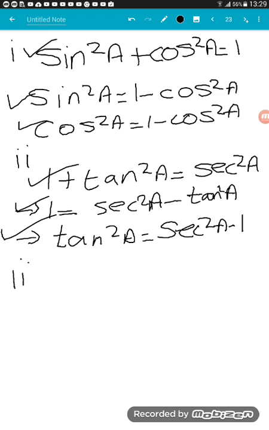Now the third identity says that 1 plus cot square a equal to cosec square a.